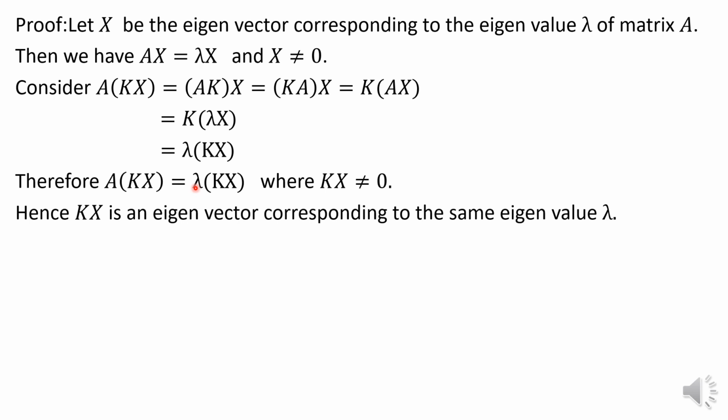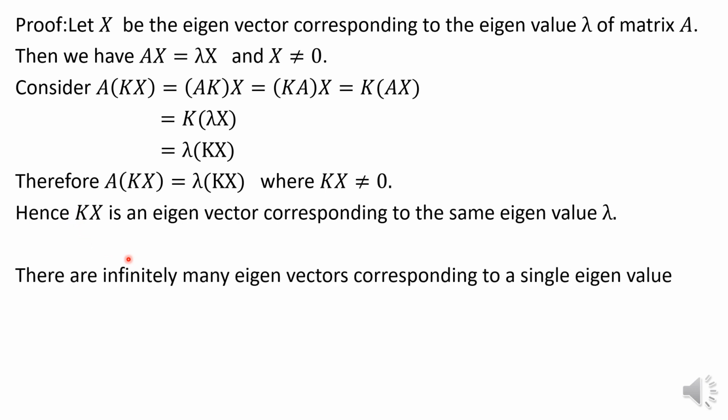So at the end we say that for the same eigenvalue lambda we can have kx as the eigenvector, infinitely many eigenvectors. This is the proof of the theorem that there are infinitely many eigenvectors corresponding to a single eigenvalue.